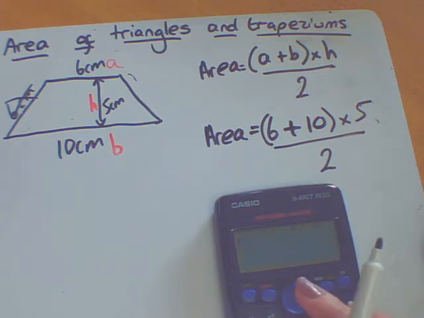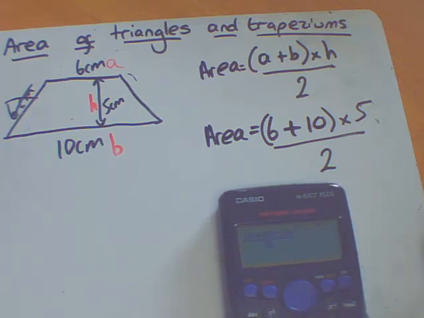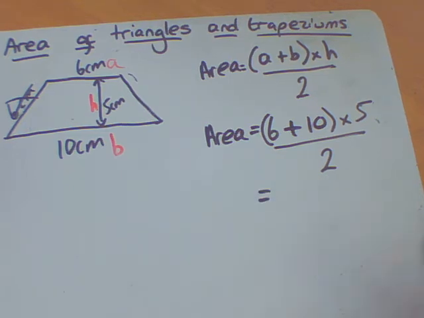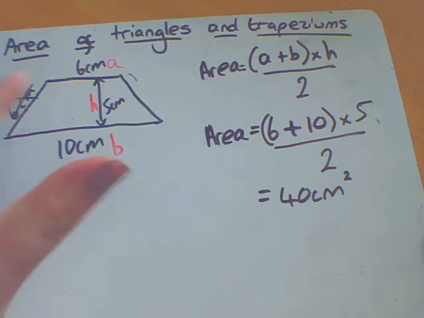I would personally type it in exactly as I've written on the screen. So 6 plus 10 multiplied by 5 and divide your answer by 2 gives you an answer of 40. I've got centimetres, so 40 centimetres squared. Once you know the formula, once you understand where A and B come from, life is a lot easier.